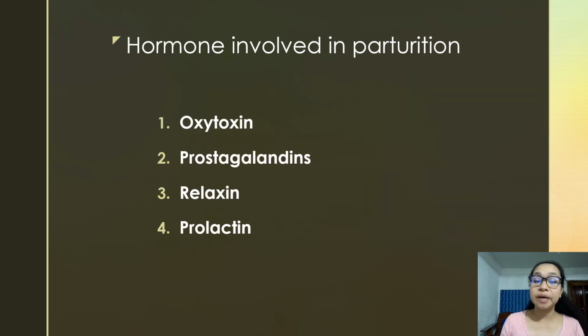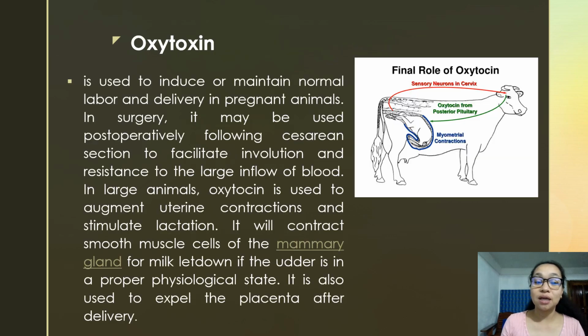These are the main hormones involved in parturition: oxytocin, prostaglandins, relaxin, and prolactin. Oxytocin is used to induce or maintain normal labor and delivery in pregnant animals. In surgery, it may be used postoperatively following cesarean section to facilitate involution and resistance to the large inflow of blood.